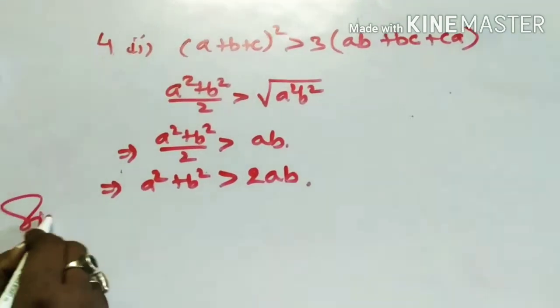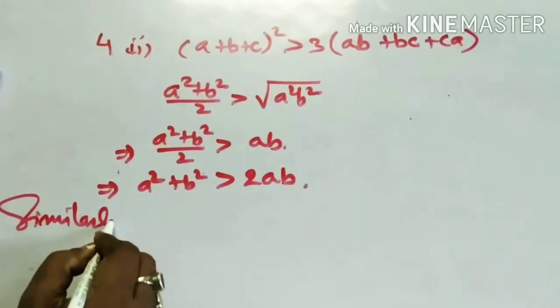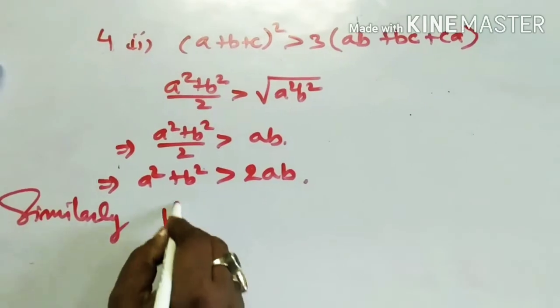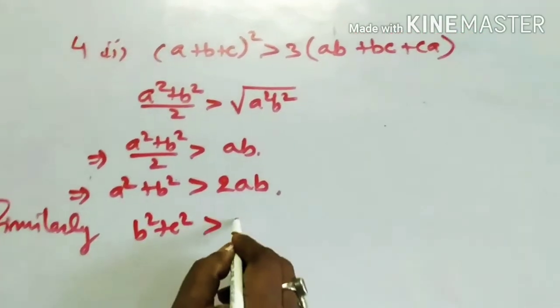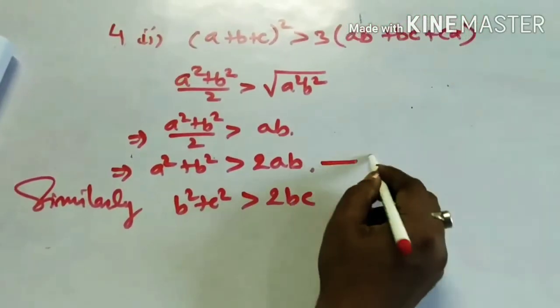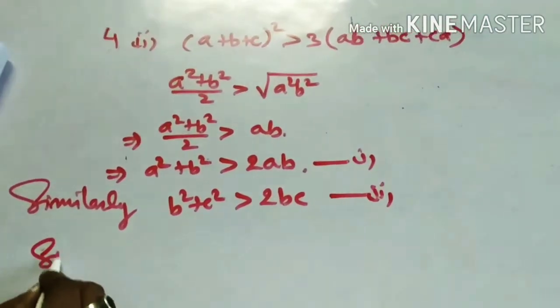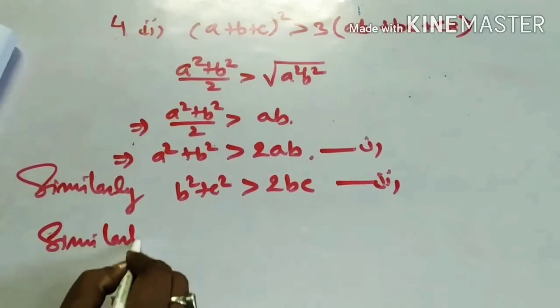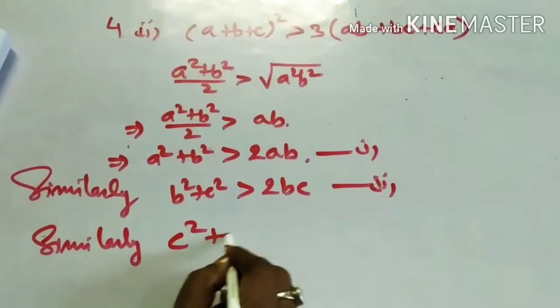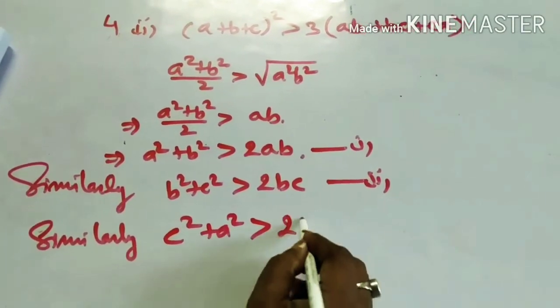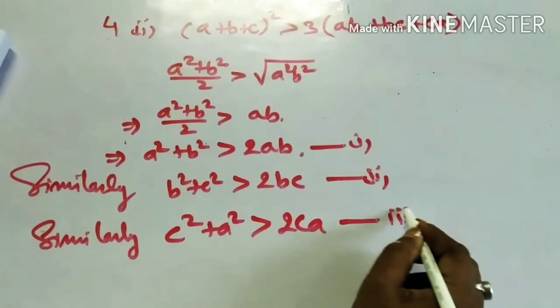Similarly, I can write B square plus C square greater than 2BC. This is equation 1, equation 2. And again, similarly, I can write C square plus A square greater than 2CA. This is equation 3.